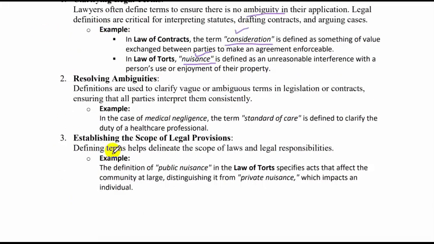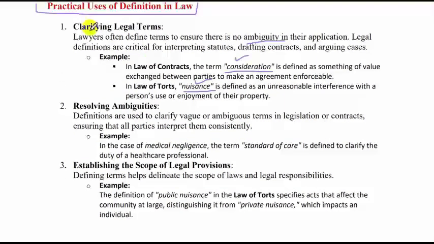Resolving ambiguities. Definitions are used to clarify vague or ambiguous terms in legislation or contracts, ensuring that all parties interpret them consistently. So first, legal terms are clarified by lawyers so that there is no ambiguity. Next, we also use definitions if there is a vague or ambiguous term, and the definition helps to clear even that vagueness.